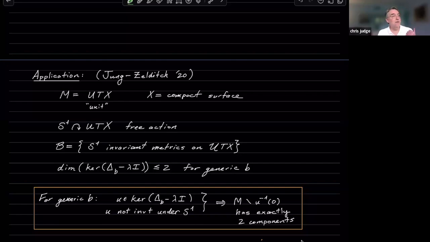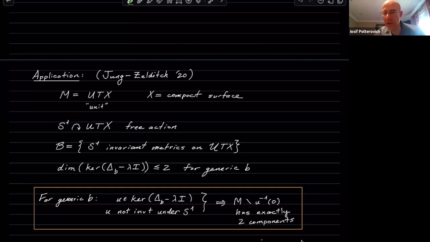For example, for a generic metric or domain, the eigenfunctions will be Morse functions, so that's nice. And also that the level sets will be smooth, and that's used here. And there are other theorems. I think there's a list of properties, A, B, C, D.